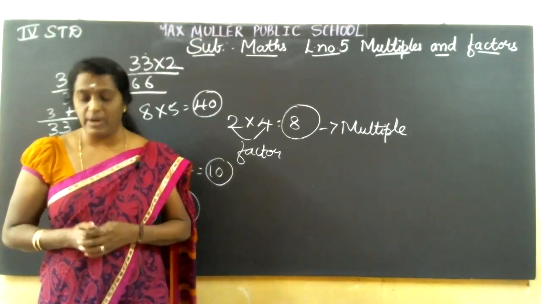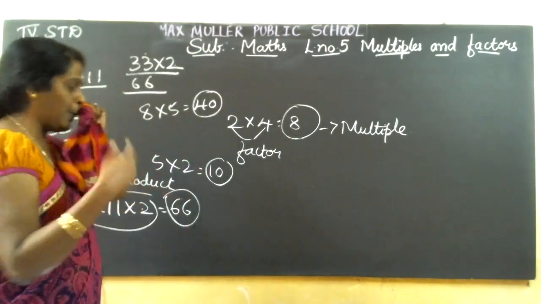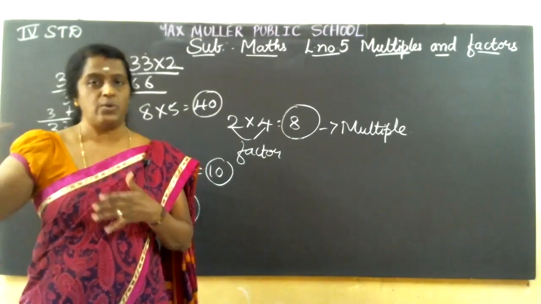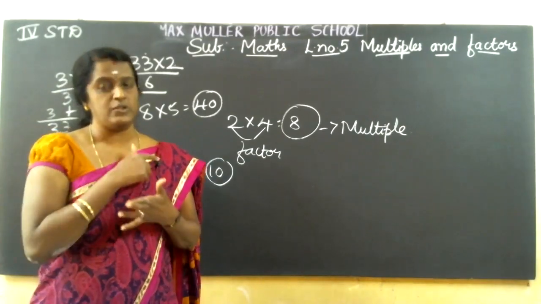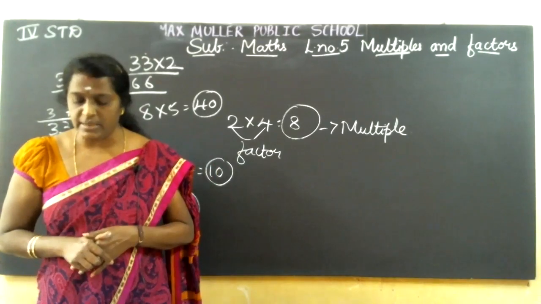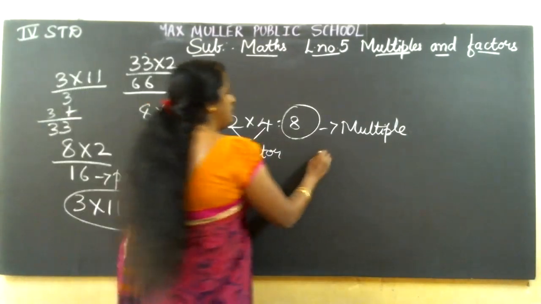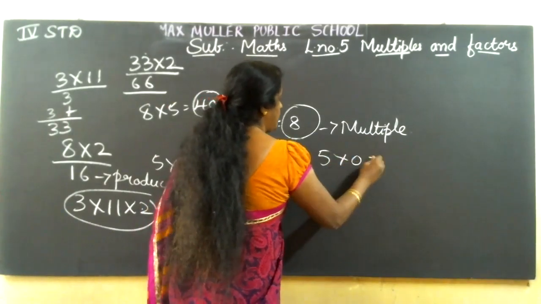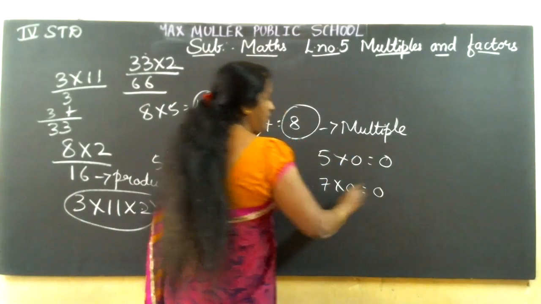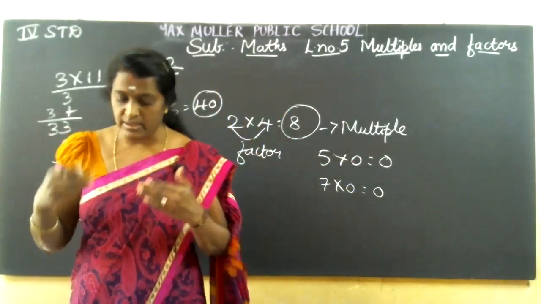Facts about multiples. There is no end to the multiples of a number. We multiply 2 1s are 2, 2 2s are 4, 2 3s are 6, up to 10, and after that 2 11s, 2 12s. There is no end for the multiples of a number. 0 is a multiple of every number: 5 into 0 is 0, 7 into 0 is 0, any number we do, it is 0.